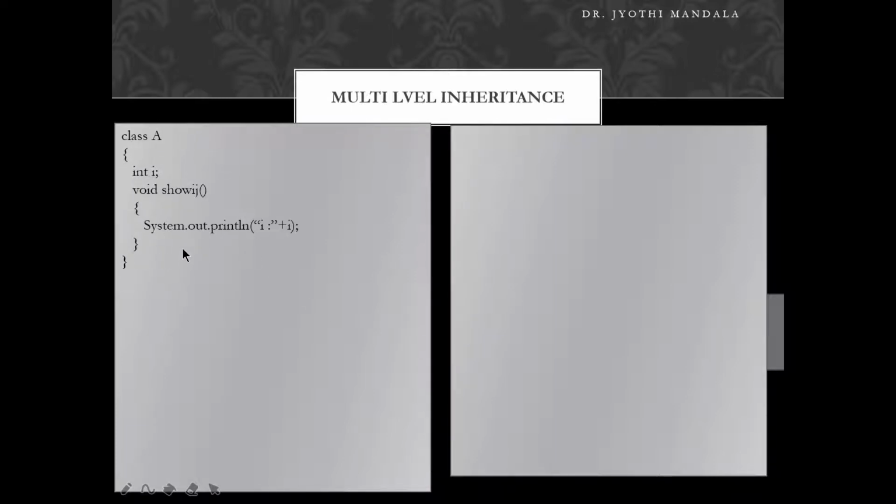Whatever properties are there in this class will be used by the other classes. Let us take class B, which is extending class A, and it has its own property called j. Along with this j, it has one method called show and one more method called sum. Along with the show j and sum methods, class B will be getting the properties of show ij also, which are there in class A.